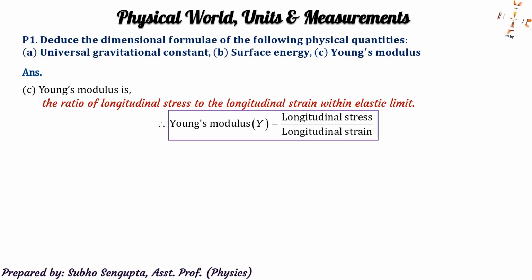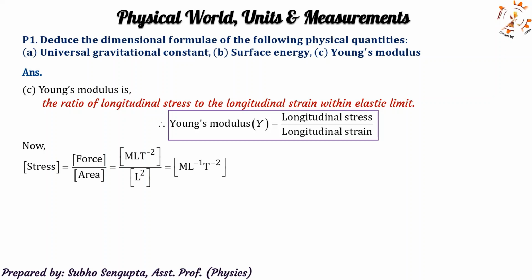The internal restoring force acting per unit area of cross-section of a deformed body is called stress. So mathematically, stress is equal to force divided by area. Substituting the dimensional formulae of force and area, we obtain the dimensional formula of stress as [M L^-1 T^-2].